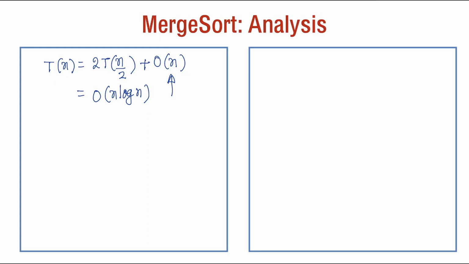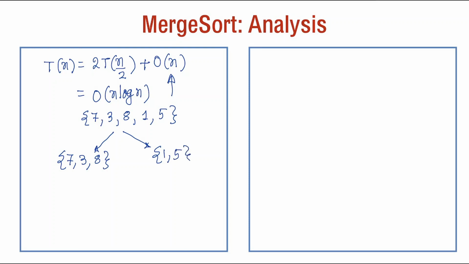The other thing that we see is that if we open up the recursion, suppose we have these elements, let us say 7, 3, 8, 1, 5. Then by the mechanism, we will split it up into 7, 3, 8 and 1, 5.